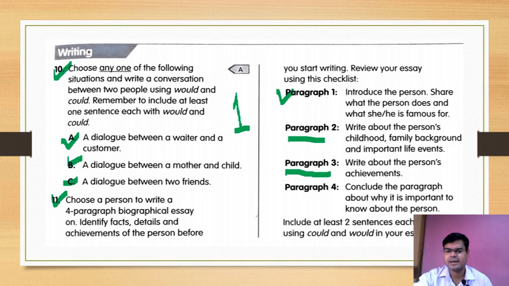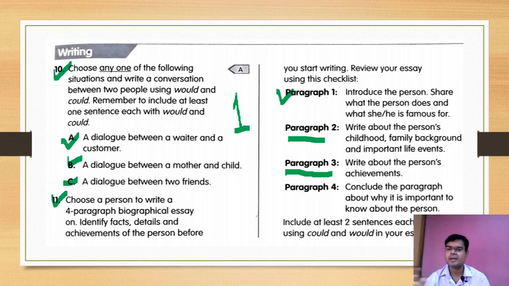And last, paragraph 3, you have to write about the person's achievements. Correct? Very nice. And last, paragraph 4, conclude the essay about why it is important to know about the person.